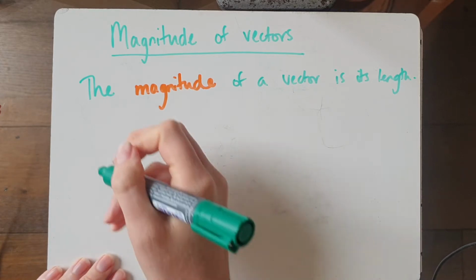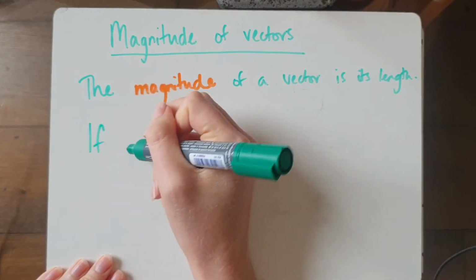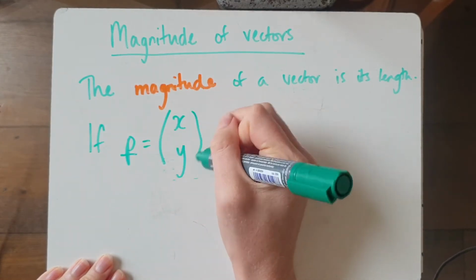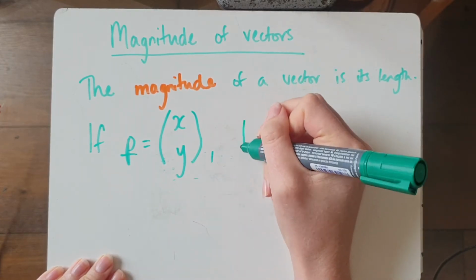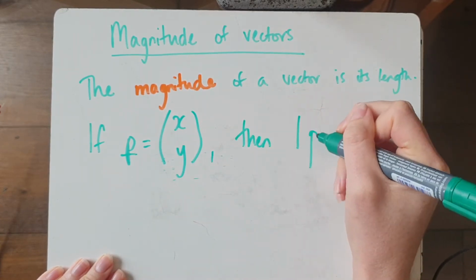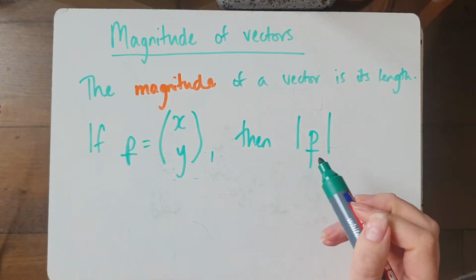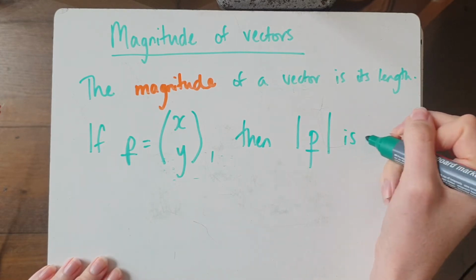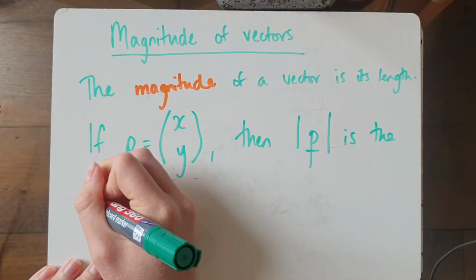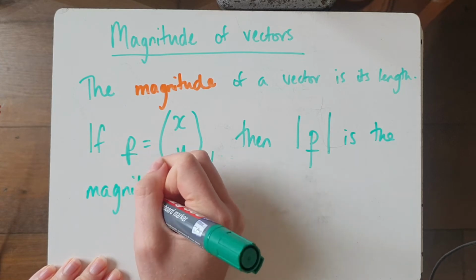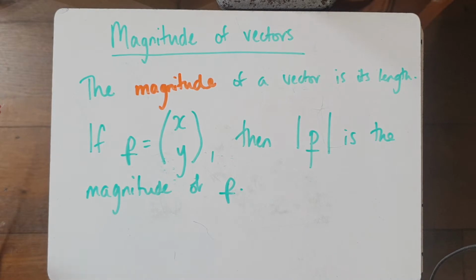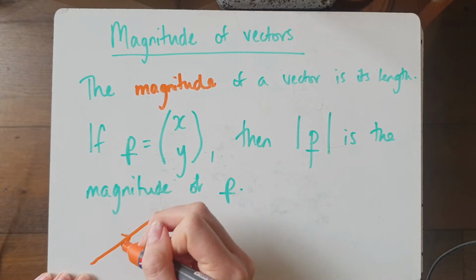So if we have vector P, and that is made up of its x component and its y component, then the magnitude of P, so same symbols as we use for the magnitude of numbers, is the magnitude of P. Now this vector P, let's say it looks like this.